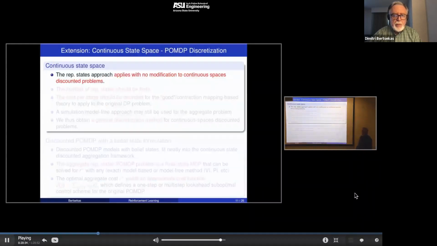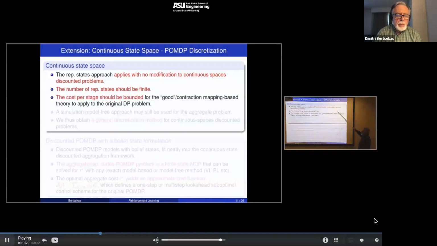Okay, now if you think back at the framework, you'll see that everything applies to the case where the state space is continuous. Think of a continuous state space and get a finite number of representative states in there. If you can calculate the corresponding transition probabilities and corresponding costs, you have an approximation to the original continuous space problem.